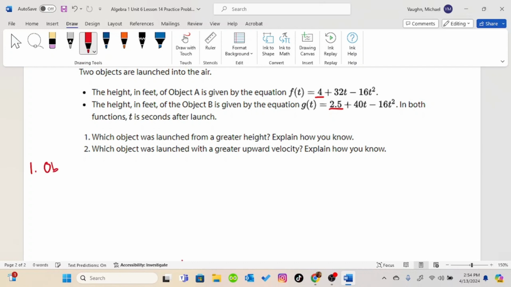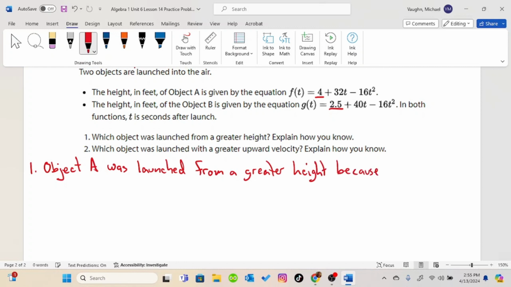So object A was launched from a greater height because 4 feet is greater than 2.5 feet.